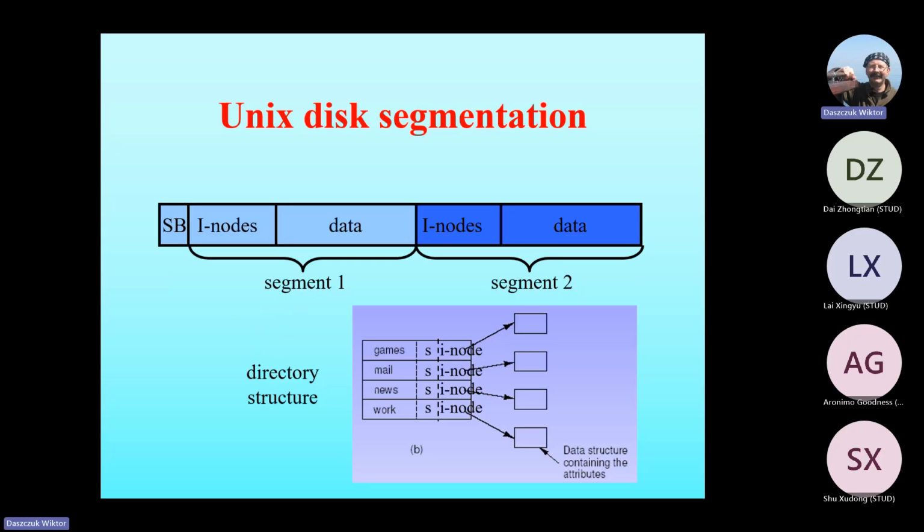In Unix version 7, a new structure is added, segments. Segment of the disk has its own inode table, its own data. So the catalog, the directory entry, must have an additional element.